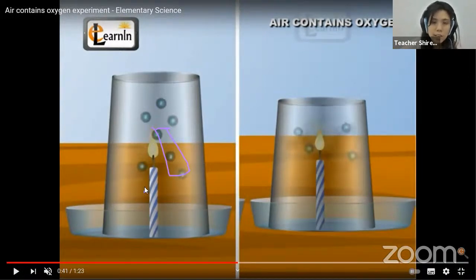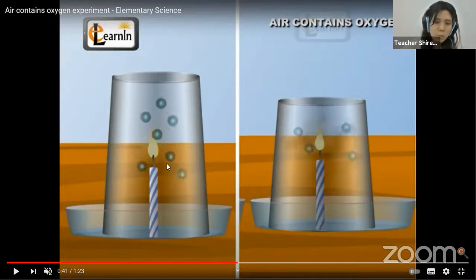Why? Because the big one has more air, which is more oxygen. This one has less air and less oxygen. That's why the small one will extinguish first, while the big one will extinguish later.